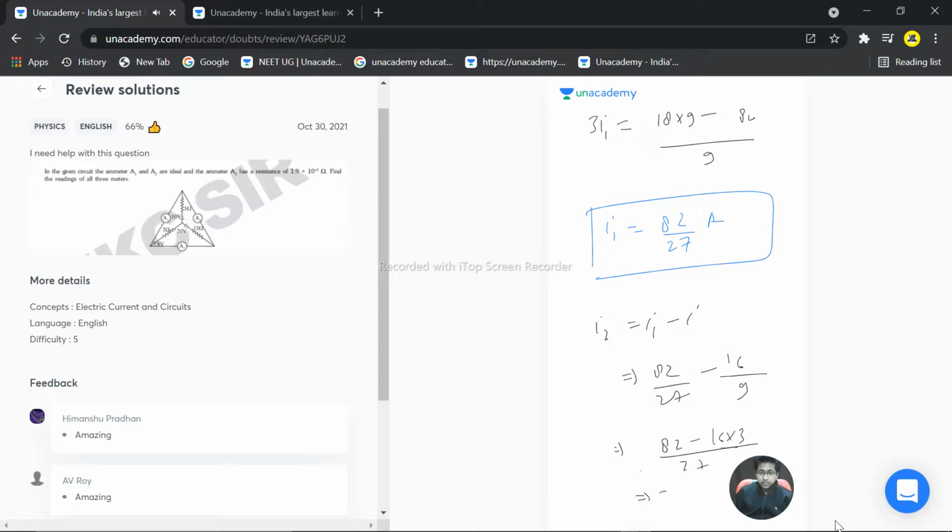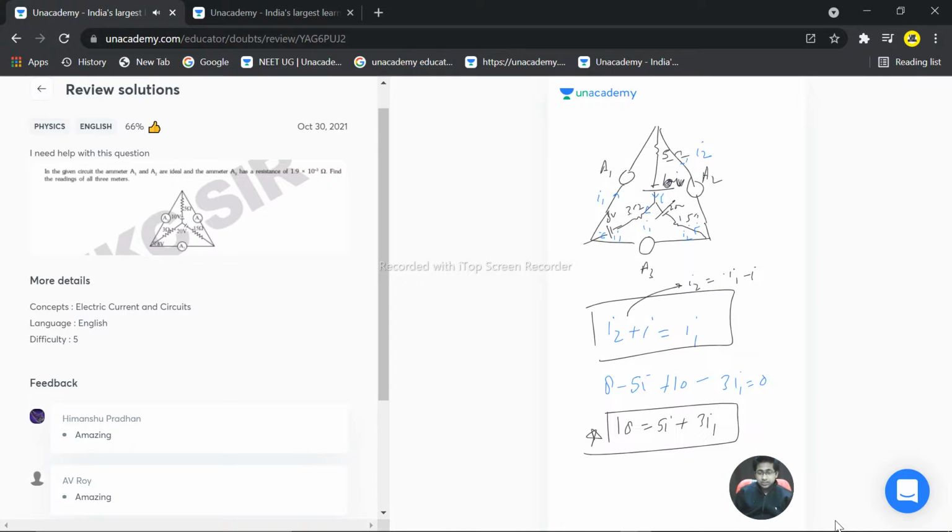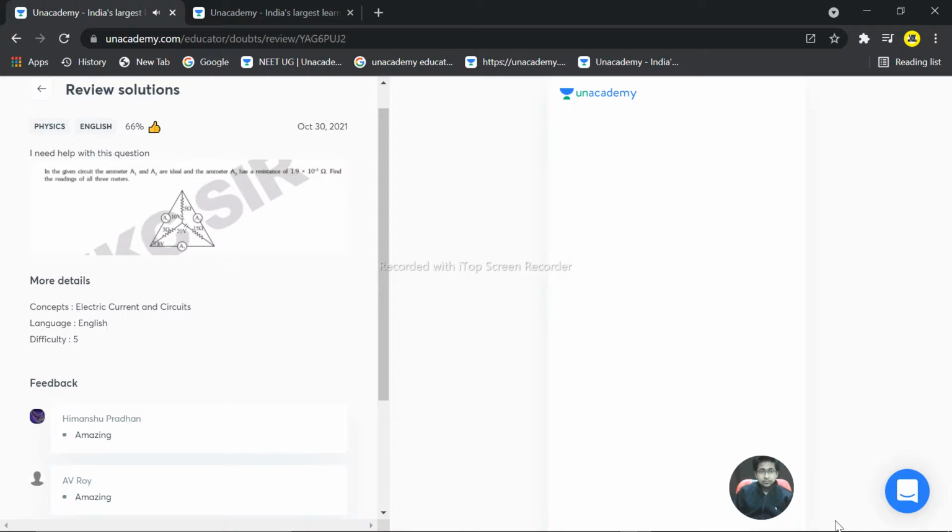So this is 34 by 27 ampere. That is the value of I2. Now we have calculated I1, I2 and I. Let's say the current flowing in this branch is I3, and that is 0. No current will flow through this branch.